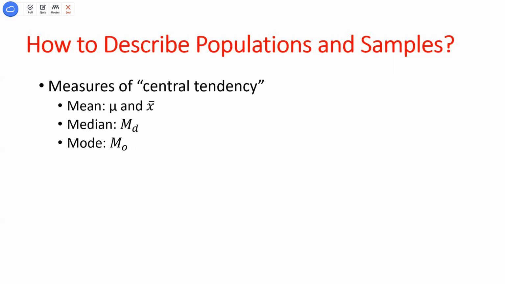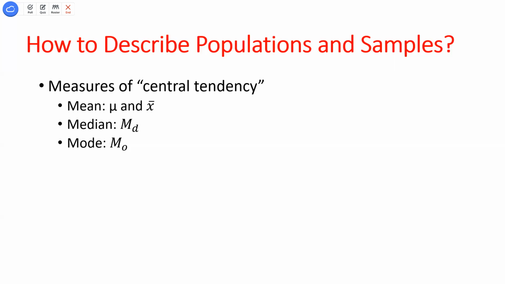Now for the median and the mode, we don't usually indicate whether it's a population or a sample, but if we wanted to be complete, this would be for my population. If I wanted to write them out for my sample, we're just going to make them lowercase.